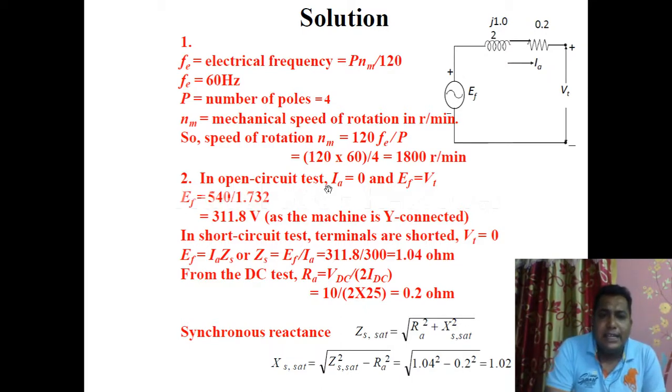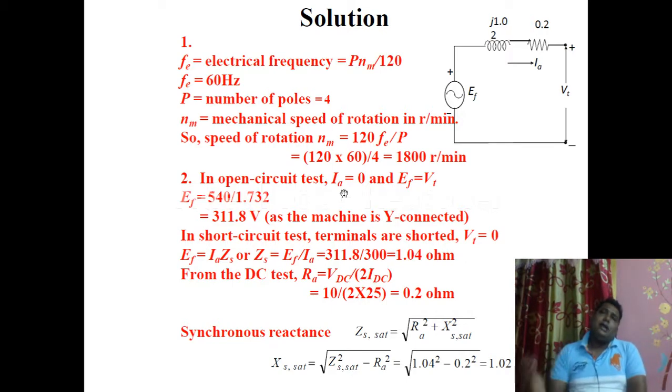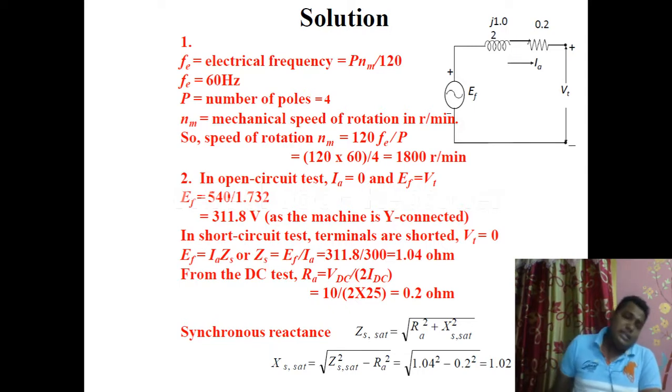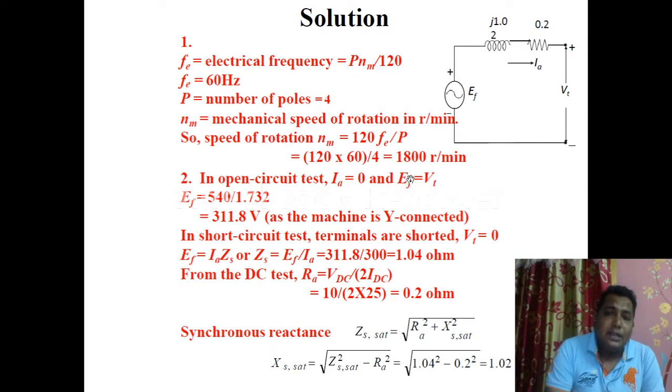Now from the open circuit test, we know that the armature current is 0, because the terminals are open, so no current is flowing. Whatever EMF is generated will appear at the terminal, so EF is equal to VT, and that value is given: EF is equal to 540 divided by 1.732.